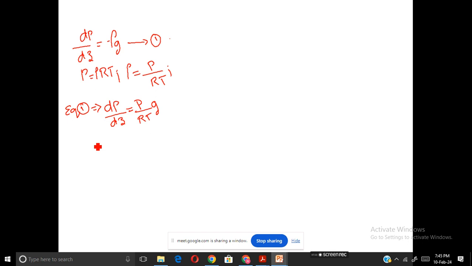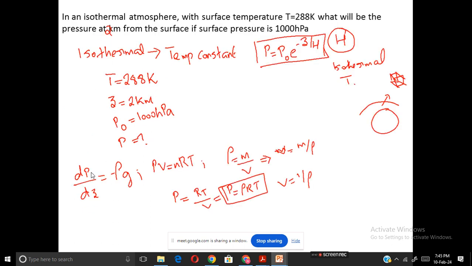Rearranging it, we get dP by P is equal to g by RT into dz. Got till here? So it's clear.